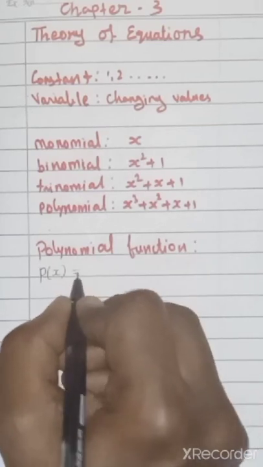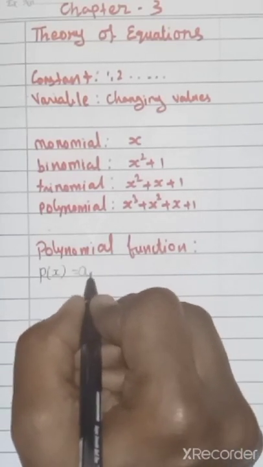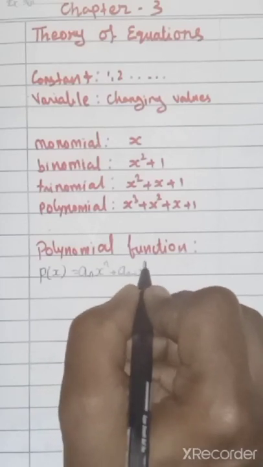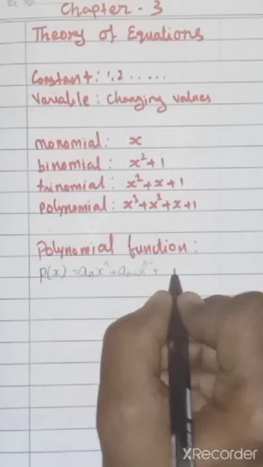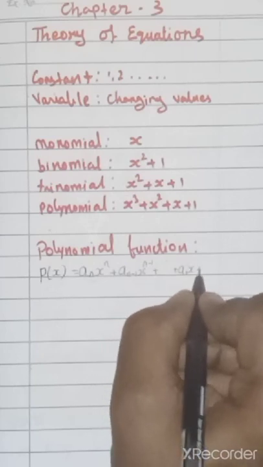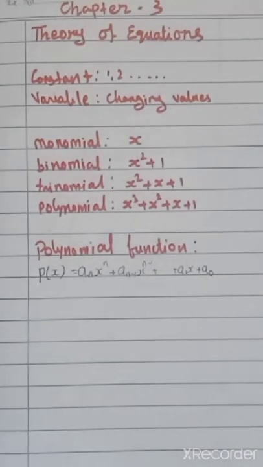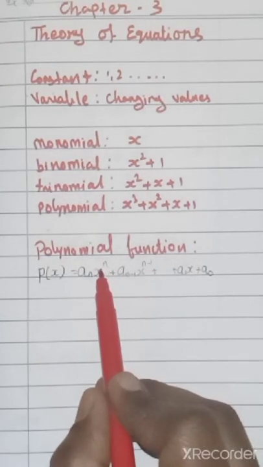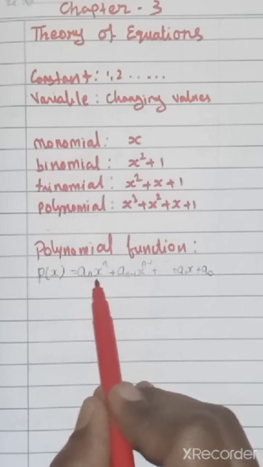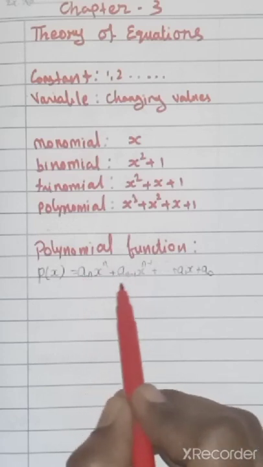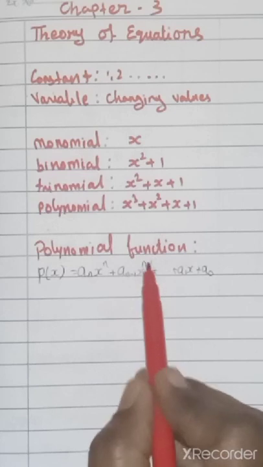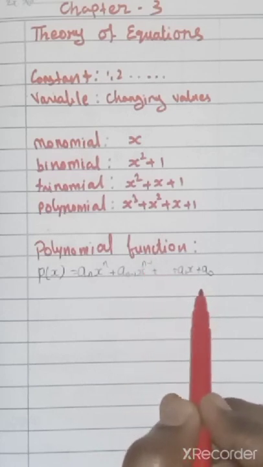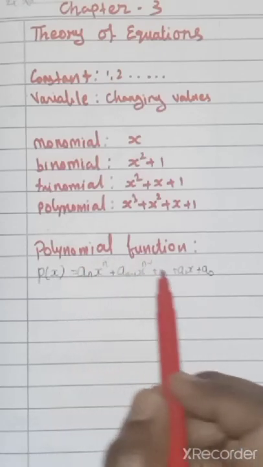P of x equal to a_n x power n plus a_(n minus 1) x power n minus 1, etc., up to a_1 x plus a naught. This is your higher degree. It may be of any n, maybe of any number. So a_n x^n plus a_(n minus 1) x^(n minus 1) plus etc., up to a_1 x plus a naught is your polynomial function.